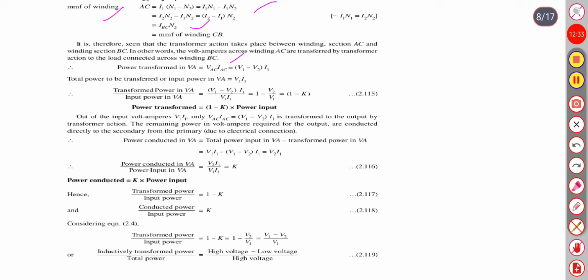Power transferred in VA will be equal to V1 minus V2 into I1, and total input power equals V1 I1.